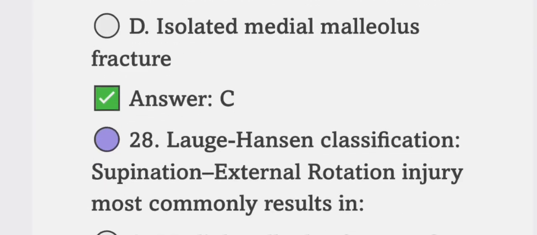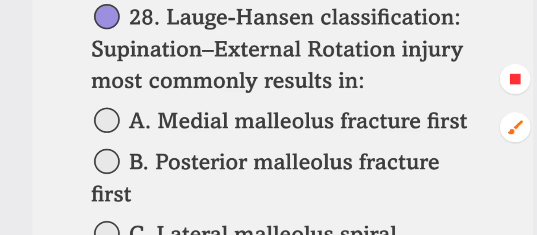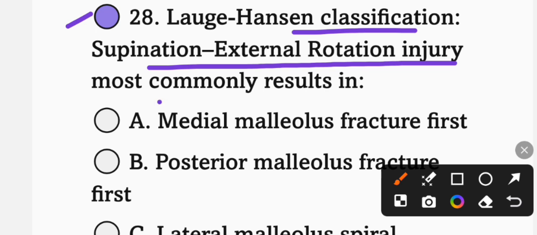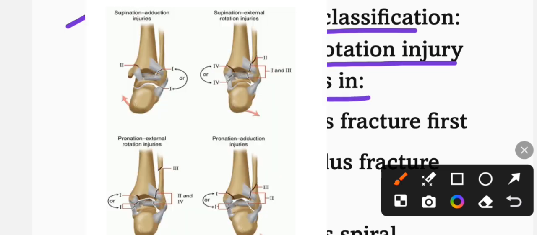Okay. Now come to our 28 questions. Lauge-Hansen classification. Supination external rotation injuries most commonly result in. So the Lauge-Hansen classification is an important classification, and supination external rotation injuries are called SER injuries.